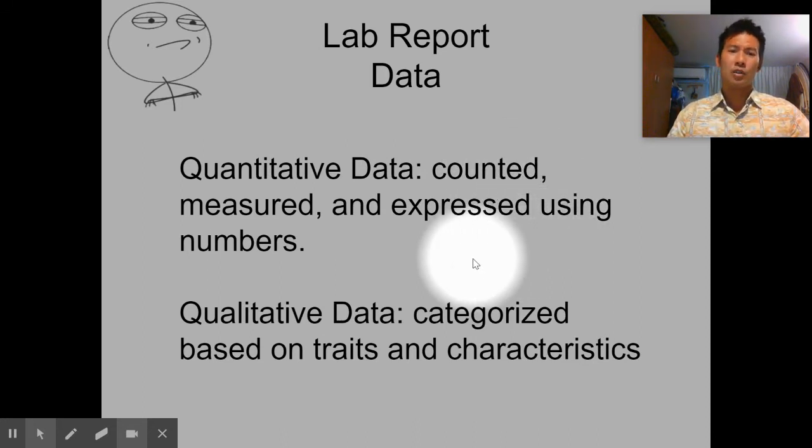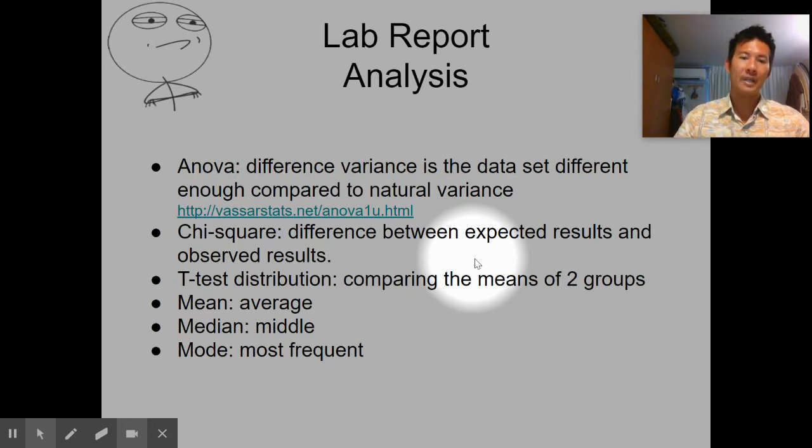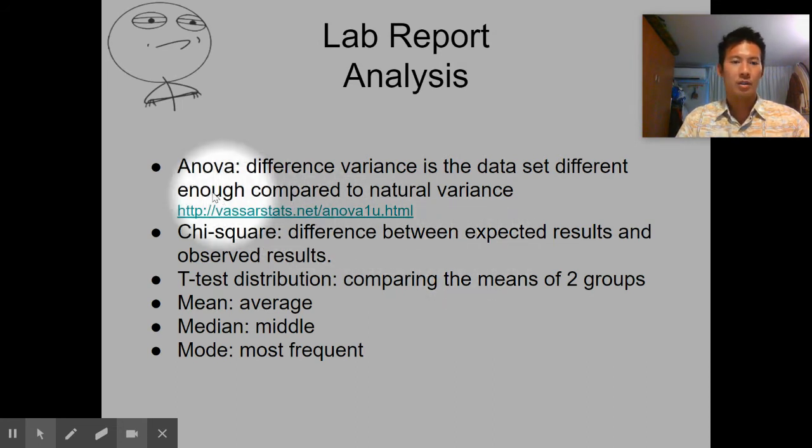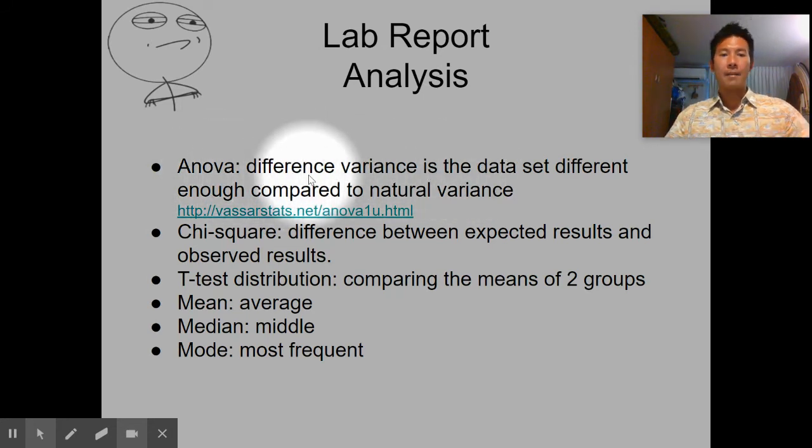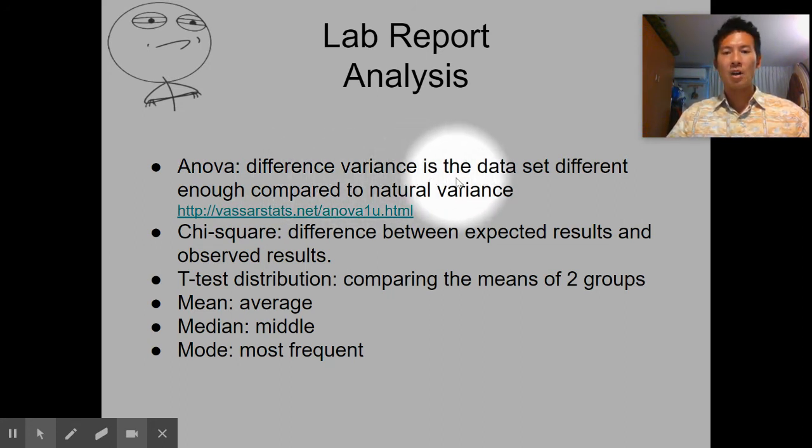Now, your quantitative data will be run through certain analysis tools. In real research, here are the main three. These three are used a lot, especially in biology. You've got the ANOVA. Analysis of variance is what ANOVA stands for, and basically what it analyzes is whether your data sets are different enough to be significant.